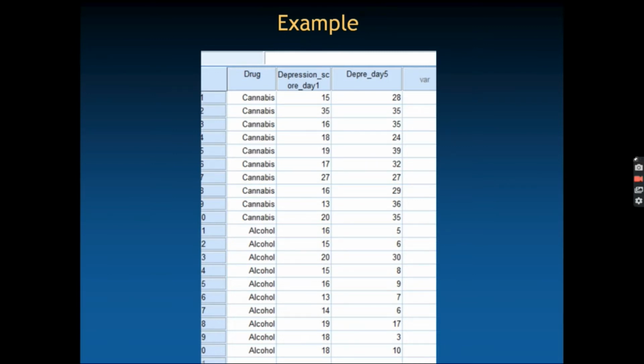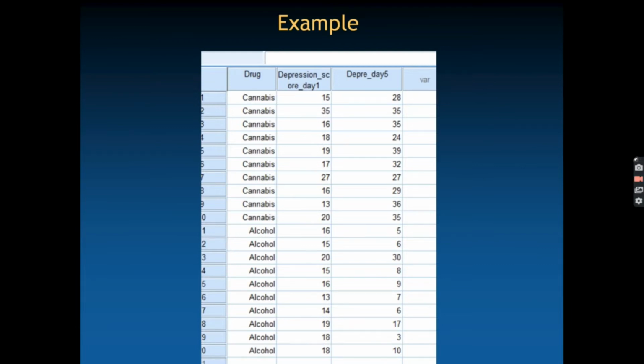So let us take an example. This is an example where two groups of people are observed for their depression score, measured on the Beck Depression Inventory, BDI. One group consumes cannabis and another group consumes alcohol.